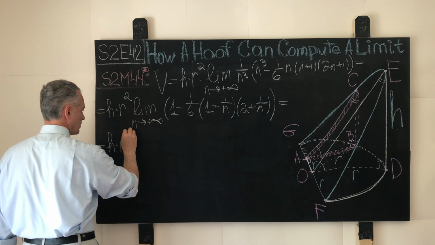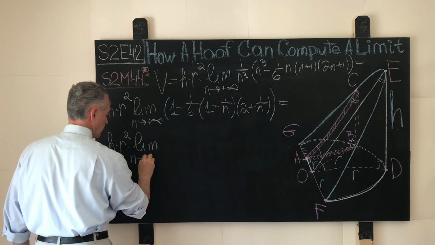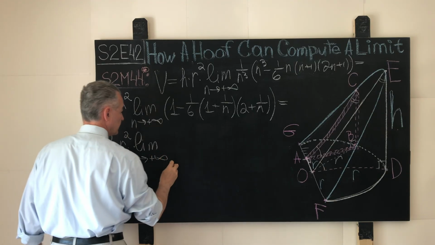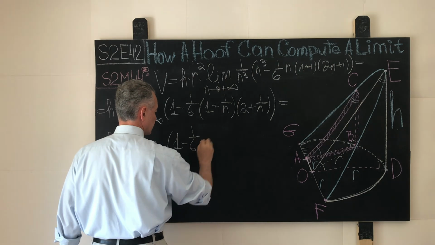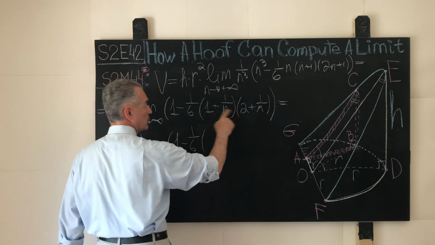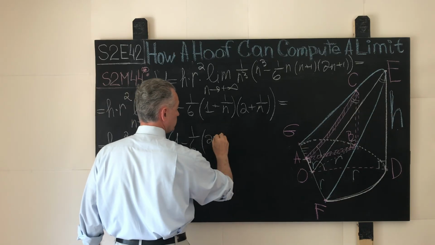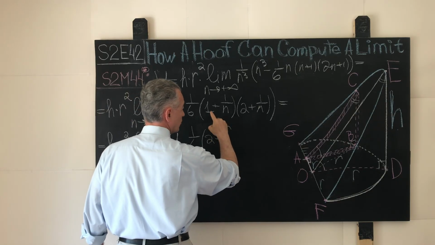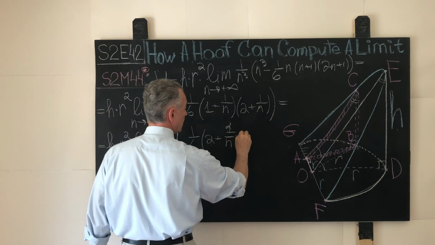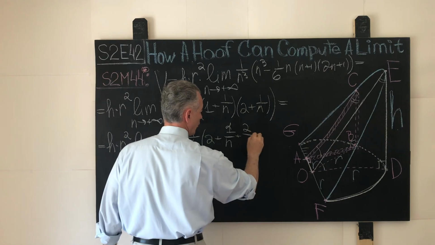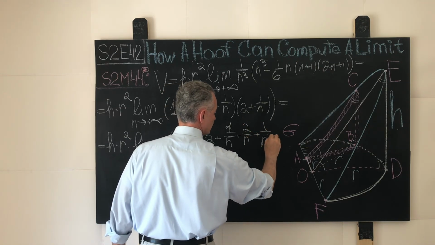h times r squared times the limit of n tending to positive infinity of what? 1 minus 1/6. Let's do this together. 1 times 2 is 2, plus what is it? 1 over n, plus 2 over n, plus 1 over n squared.